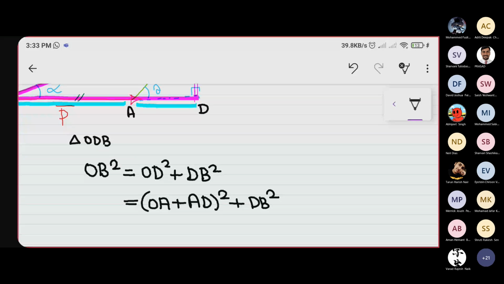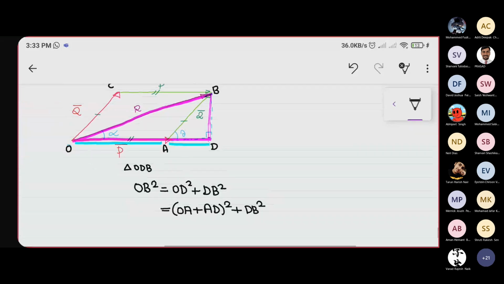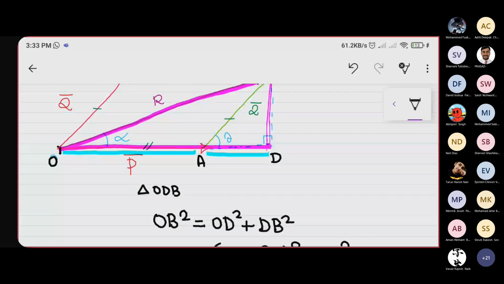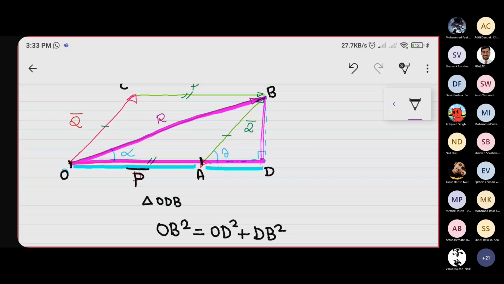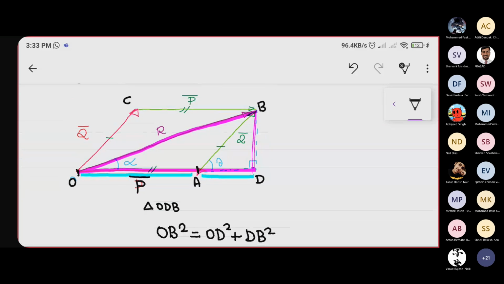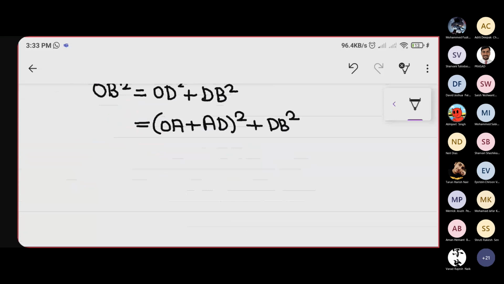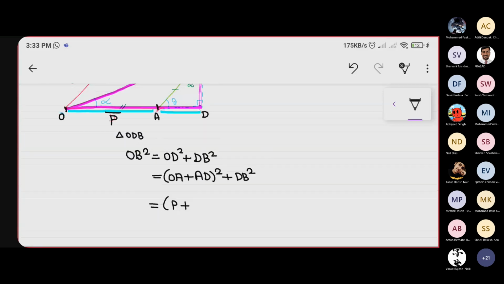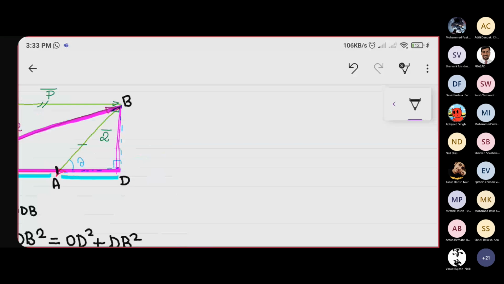Now we know what is OA? It is of which force? Force P bar, right? So we can replace OA by force P, plus what is AD? Now we will draw again the same triangle.